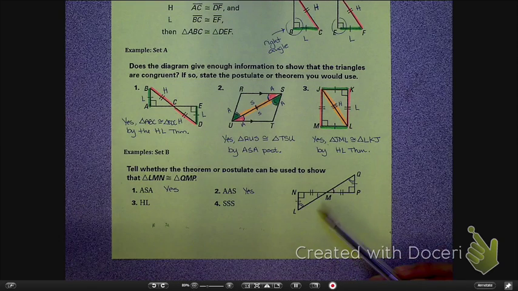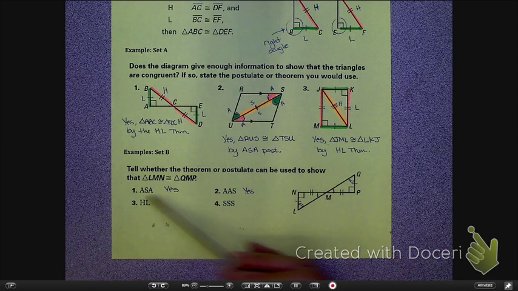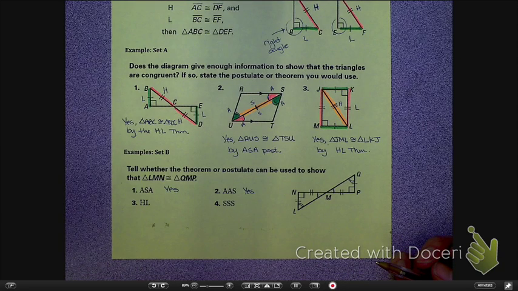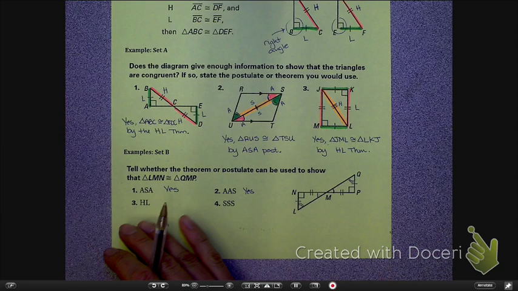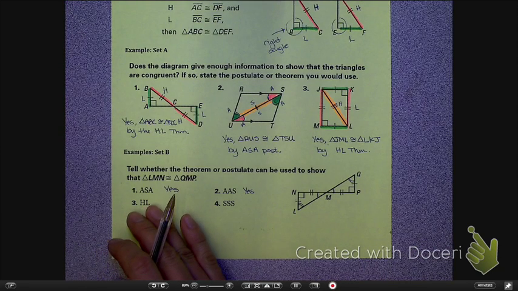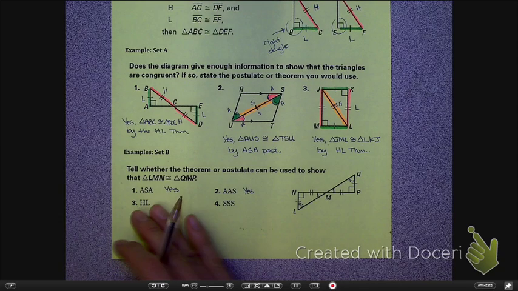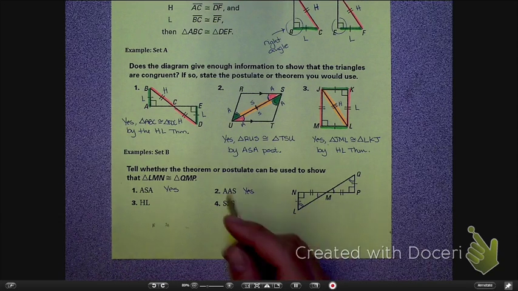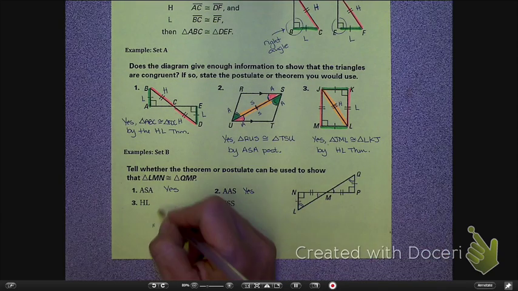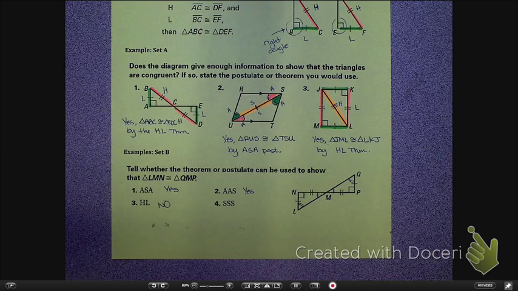So because these two triangles are congruent because of all these other things, we know that the hypotenuse is going to be congruent. However, we're not going to say that we would use this theorem to prove their congruence. We would use another theorem. So we're going to say no on this one, because we wouldn't use that to prove congruence.